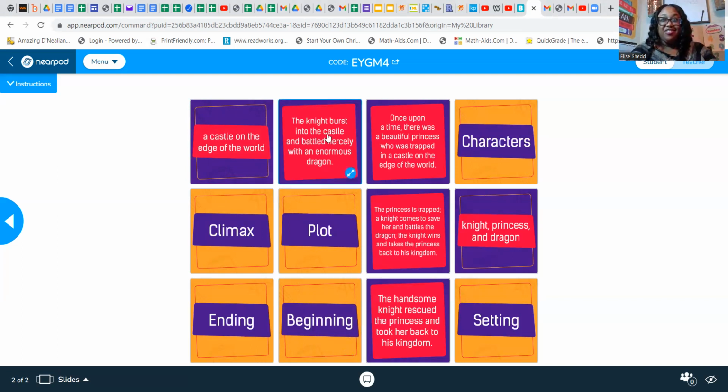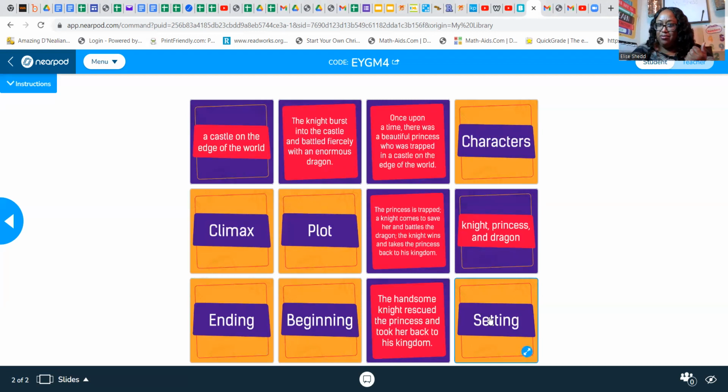All right, let's go to the next one. The knight burst into the castle and battled fiercely with an enormous dragon. He burst into the castle and was fighting the enormous dragon. Now, what part of the plot structure would this be part of? Is this the beginning? Is this the end?